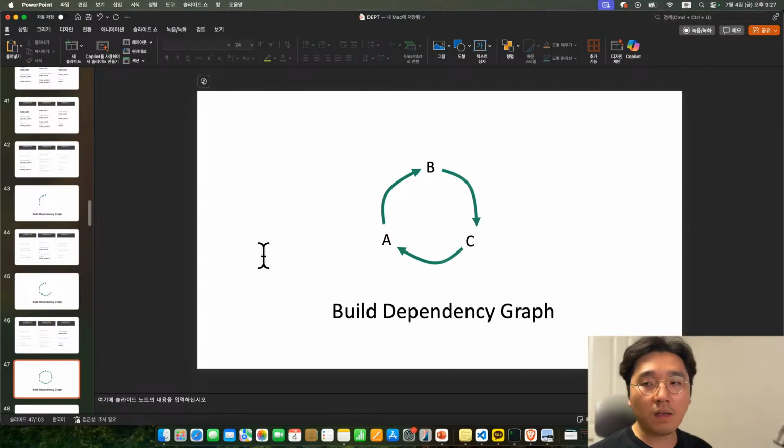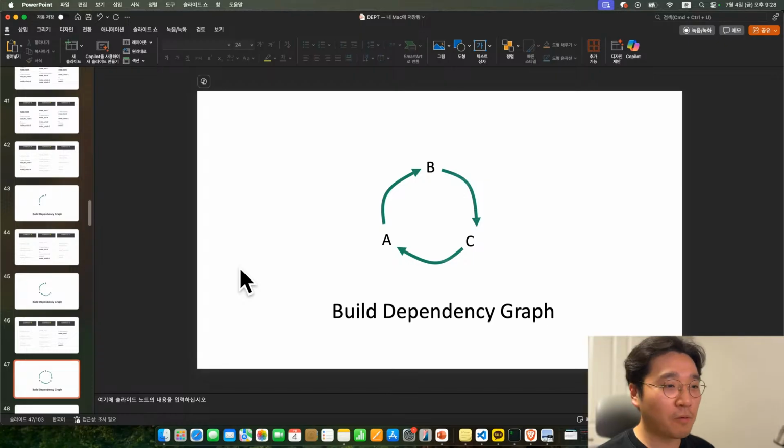But if someone has a stomach ache and wants to go to the toilet, this waiting also makes a deadlock context, right?